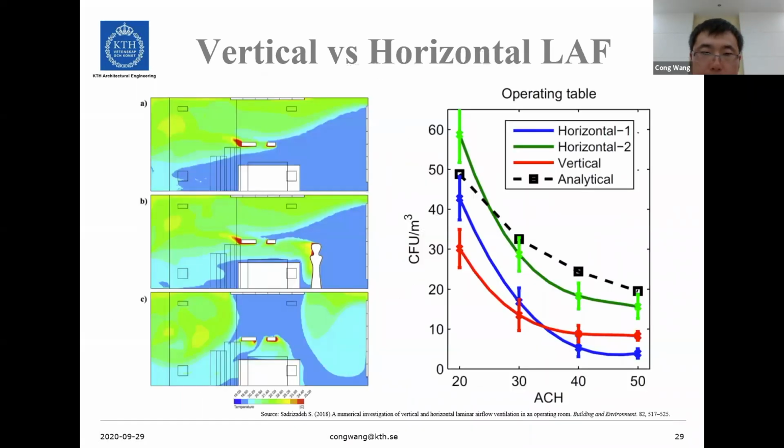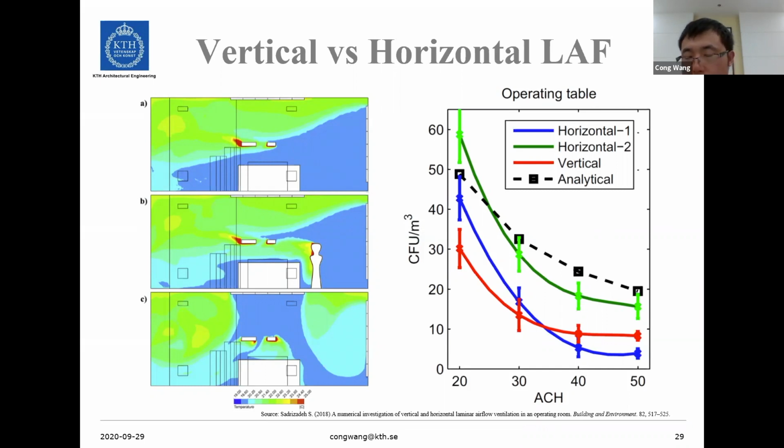Here are the results. The left figure shows the airflow field, and the right figure shows the airborne contamination level. As you can see here, as the air change rate increases, the airborne contamination steadily decreases. However, the marginal effect of increasing the airflow rate is diminishing.